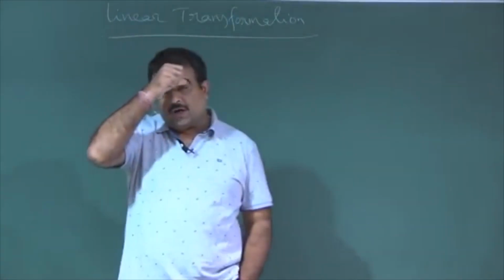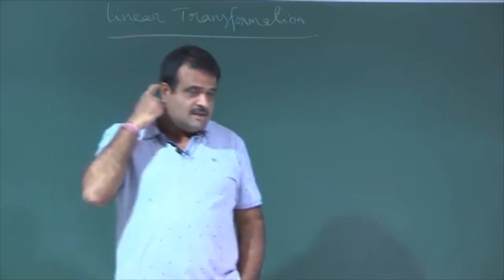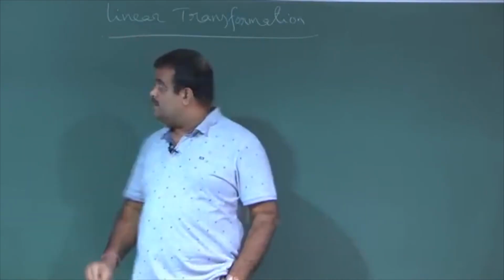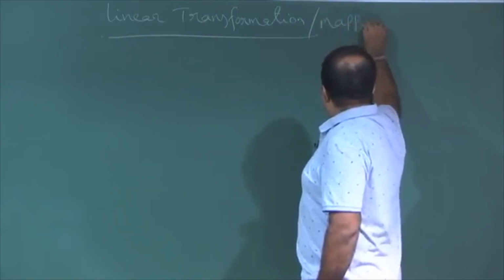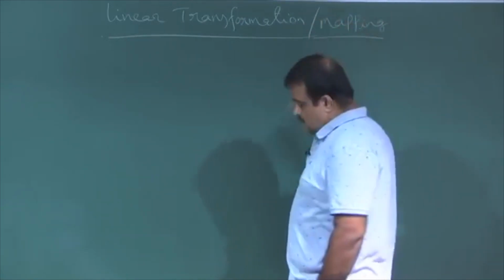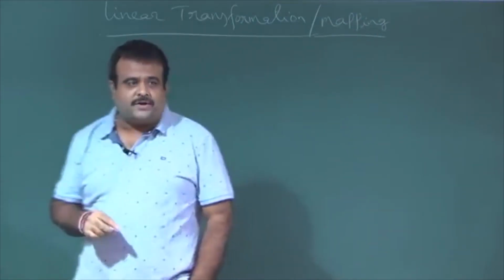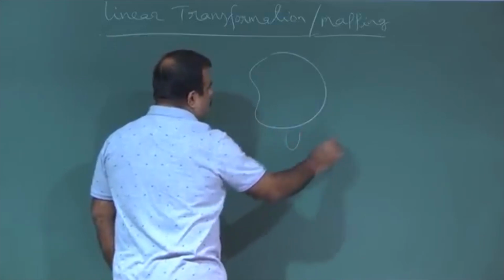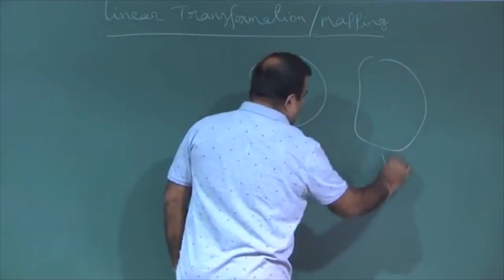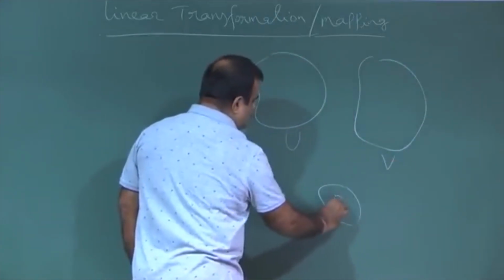Okay, so we will start with the linear transformation, or it is also called linear mapping between two vector spaces. Basically, we have two vector spaces U and V over the same field F. That is required.